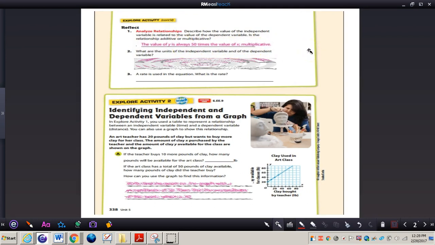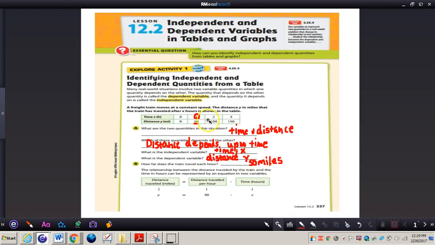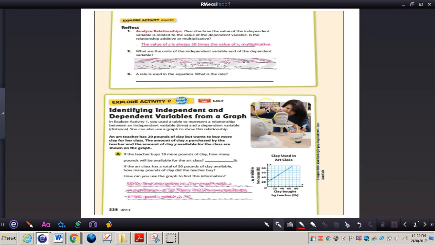It says the value of y is always 50 times the value of x. Okay, so we can jump back on page 337. When the value of x is 1, the value of y is 50 times 1. 2 times 50 is 100. 3 times 50 is 150. So we can see that the value of y is always 50 times the value of x. So we can see it's multiplicative.